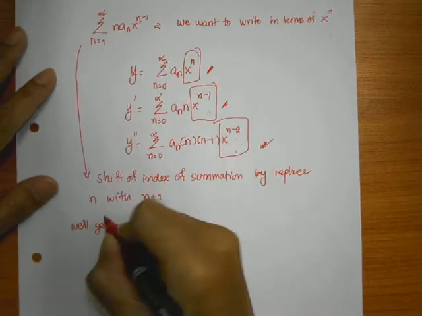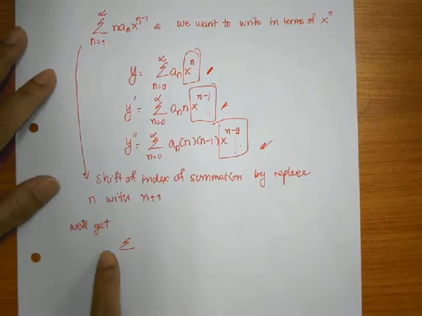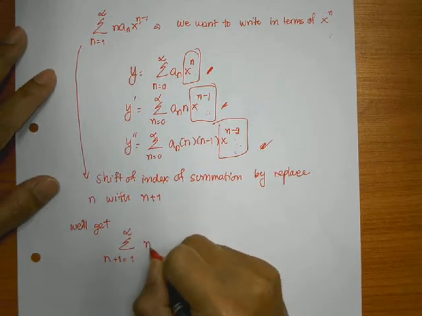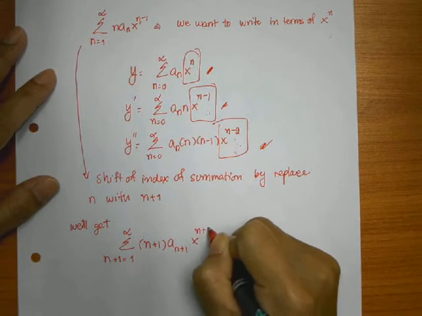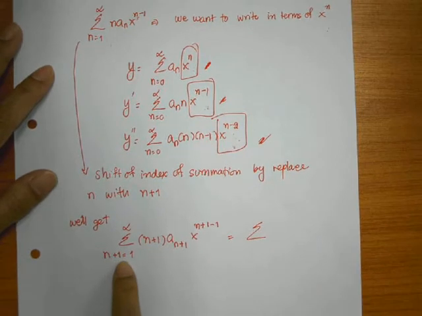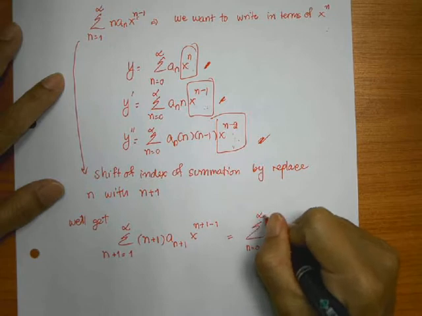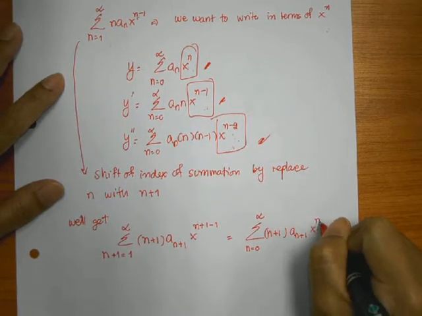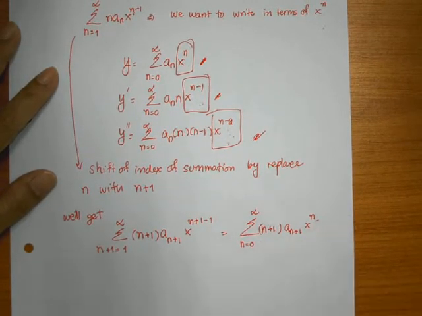We put n equal to n plus 1, so n plus 1 equal to 1, then n is equal to 0. By doing this, we would get x to the power n.